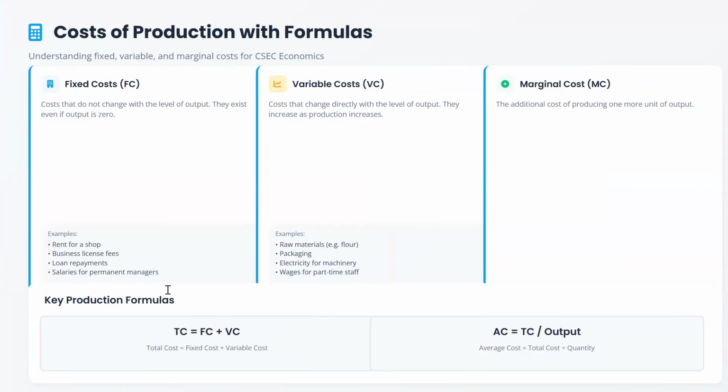Now let's look at costs. To produce a good, the total amount of money to produce a good is what we call the total cost. Now that total cost is made up of two costs: a fixed cost and a variable cost.